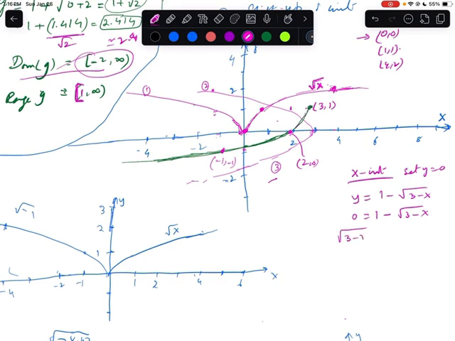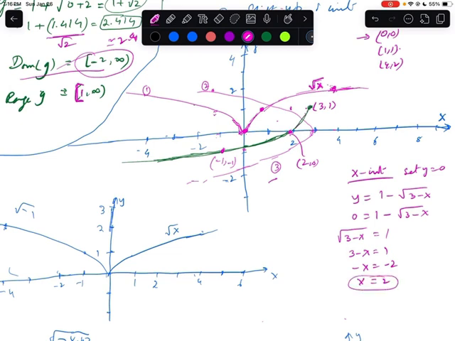Square both sides, and we get 3 minus x is equal to 1. Subtract 3 from both sides, we get negative x equals negative 2, which gives us x equals 2. So it will cross the x-axis at x equals 2.